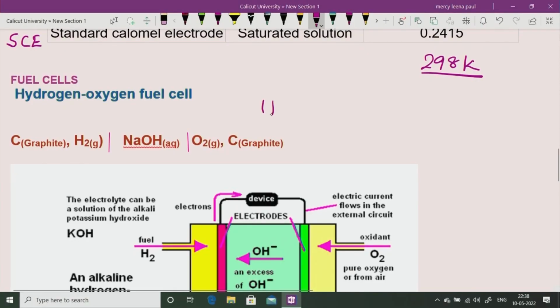There are other fuel cells using hydrocarbons, but hydrogen oxygen has got very good appreciation in the sense that the byproducts formed are eco-friendly, because we all know that hydrogen burns in oxygen. If hydrogen burns in oxygen, what will be the byproduct? It is usually water.